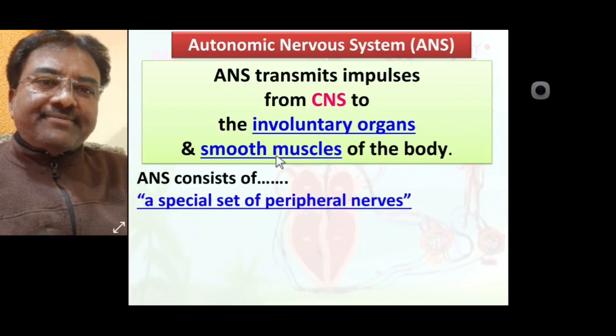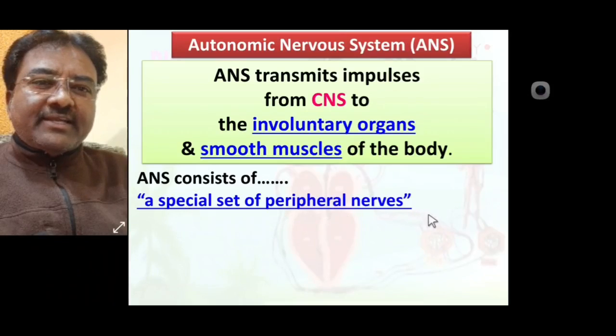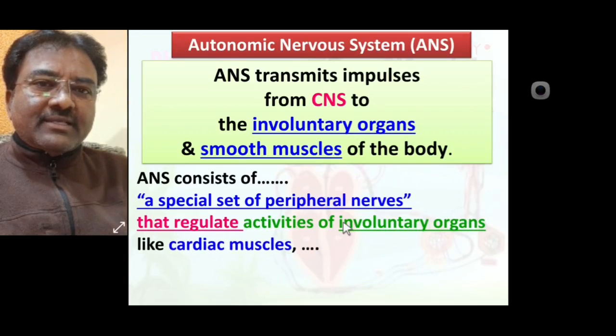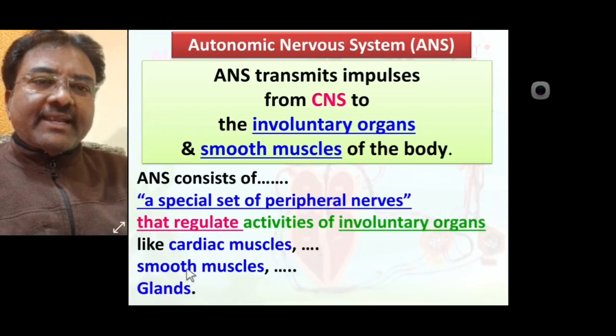The ANS consists of a special set of peripheral nerves that regulate activity of involuntary organs like cardiac muscles, smooth muscles and glands. Simply, the ANS is controlled through the CNS and PNS.